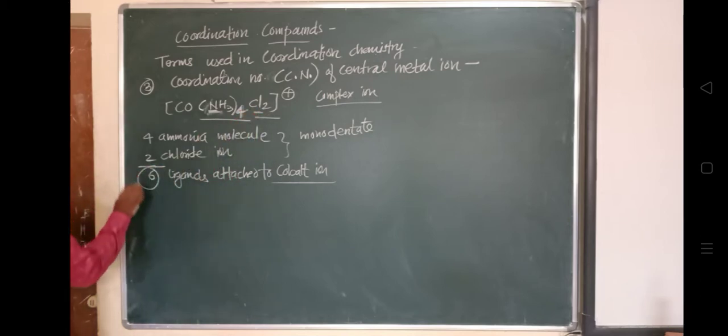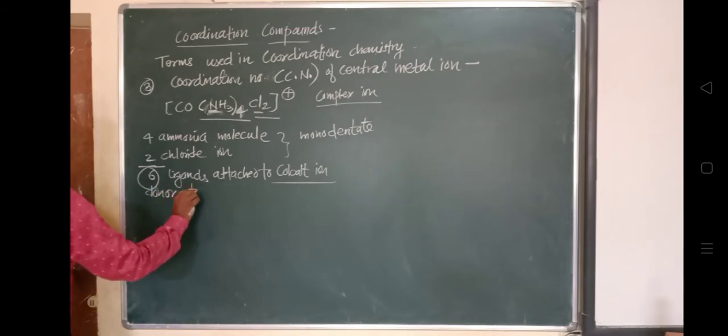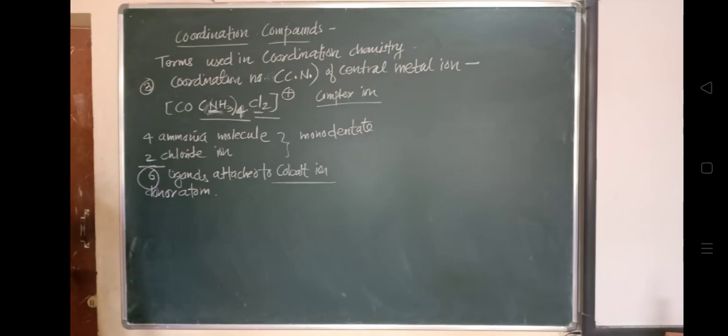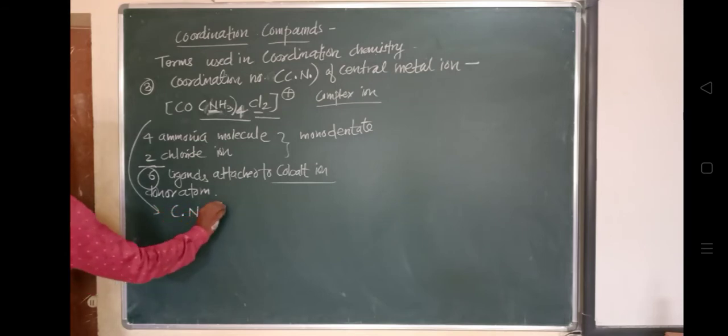If it is monodentate, then how many atoms are contributing in donating? Here nitrogen donates its electron pair to the cobalt, and chlorine also donates its electron pair. Chlorine has 2 atoms and nitrogen has 4 atoms.